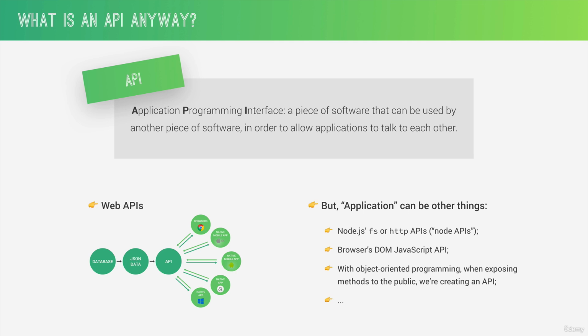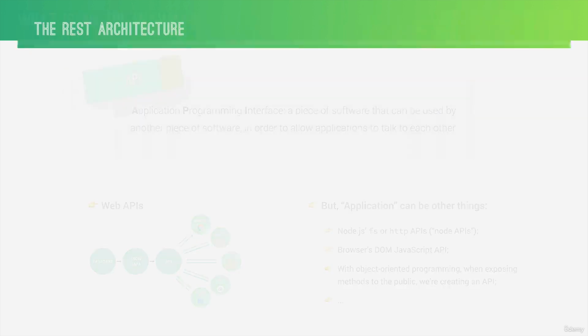These methods will then be the API of each object created from that class, because we're giving other pieces of software the possibility of interacting with our initial piece of software, so the objects in this case. So you see, API has actually a broader meaning than just building web APIs, alright? Anyway, a web API is what's most important for us in the context of Node. And so let's now take a look at the REST architecture to build APIs.